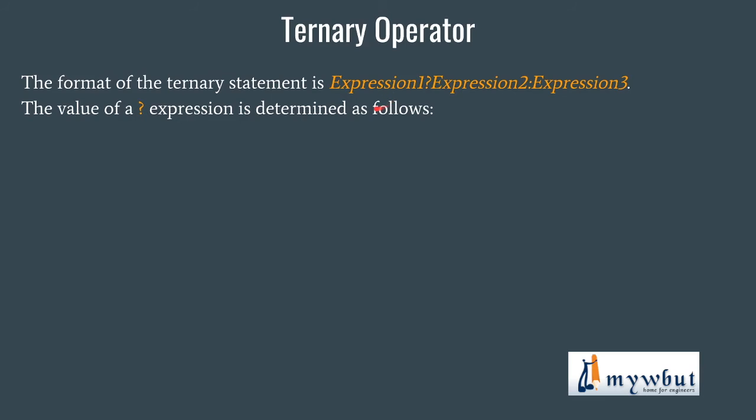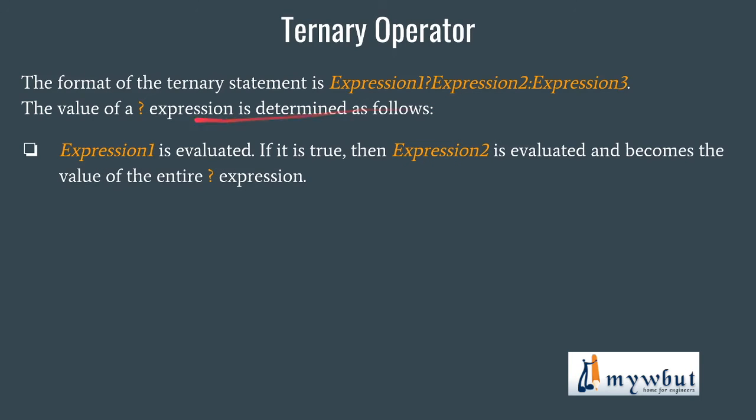If expression 1 evaluates to true, then expression 2 is executed and nothing is done with expression 3. Otherwise, if expression 1 becomes false, then expression 2 is ignored and the last expression, expression 3, is executed. Let us see how the value is determined.